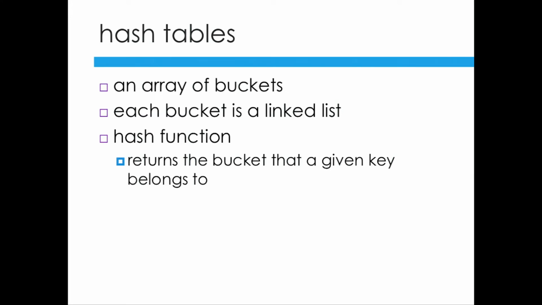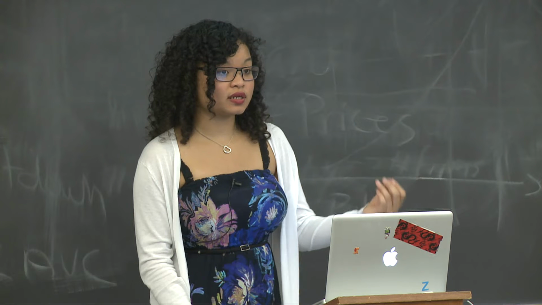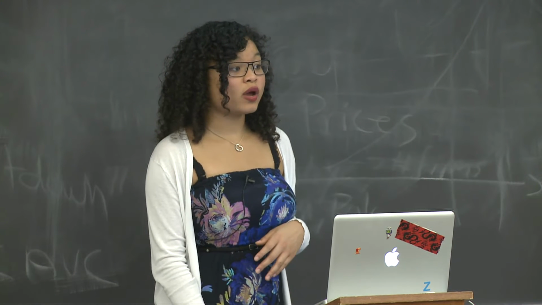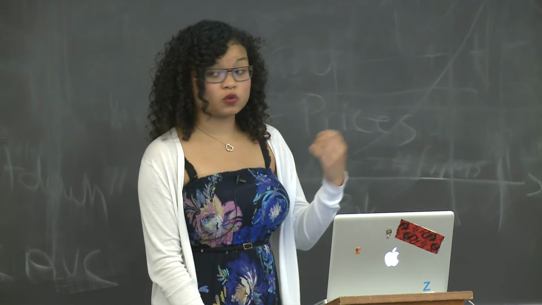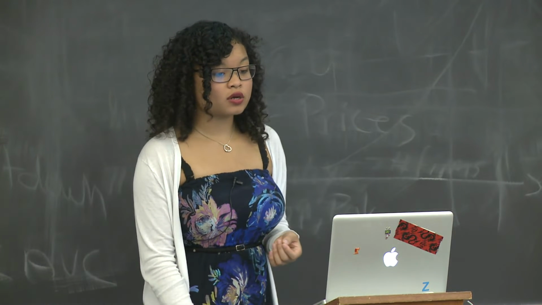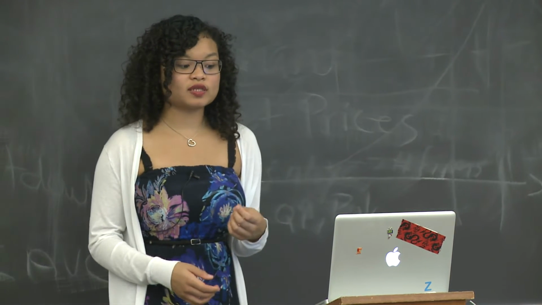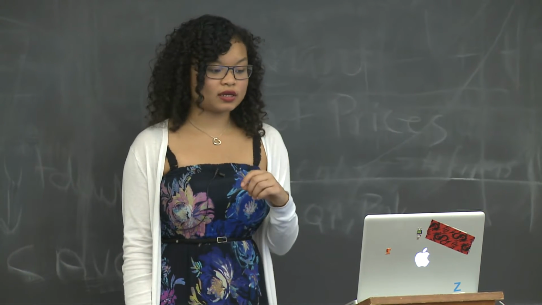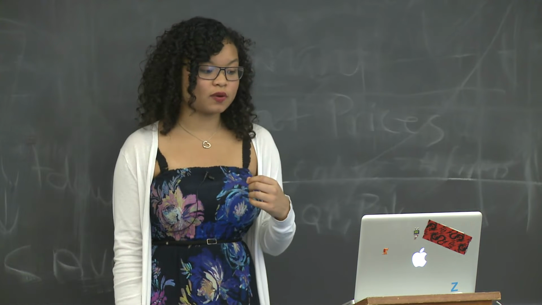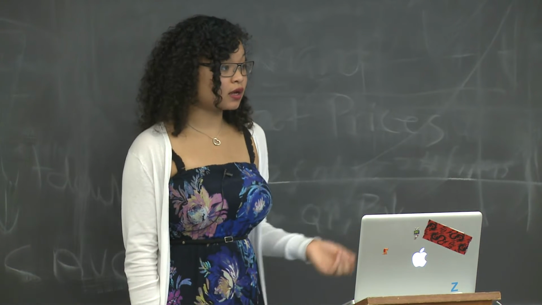So to reiterate, a hash table is just an array of buckets where every bucket is a linked list. To determine which bucket every value goes into, you're going to want what's called a hash function, which takes a value and says, this value corresponds to a certain bucket.